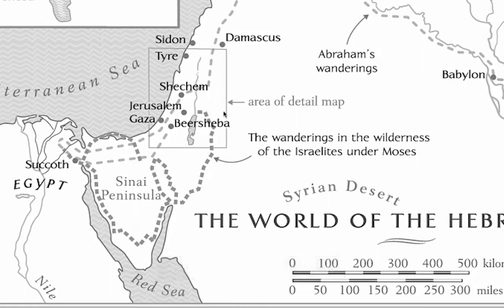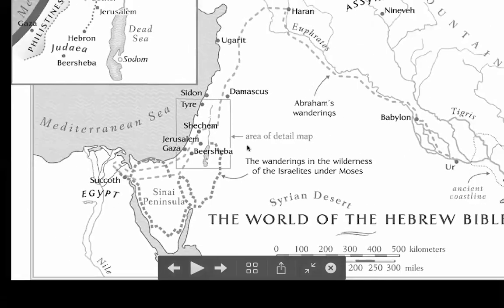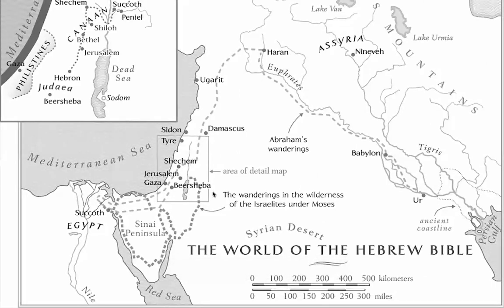Of course, Moses doesn't make it, unfortunately, but you can see here in all of these wanderings, and there's this trope, stereotype called the wandering Jew, partly because of this.